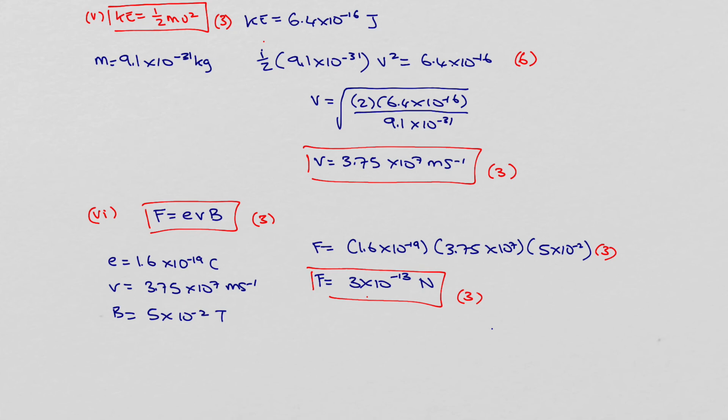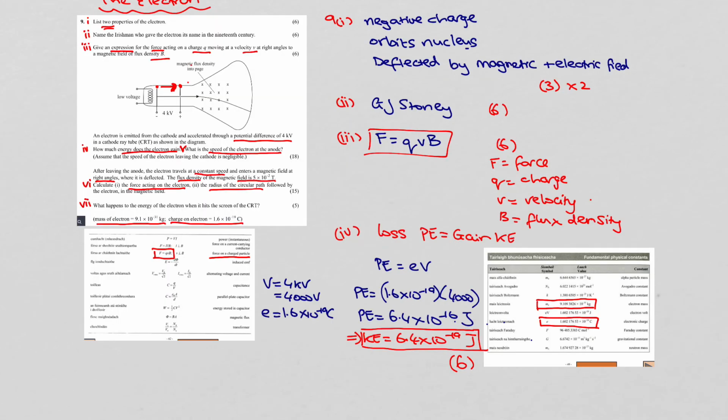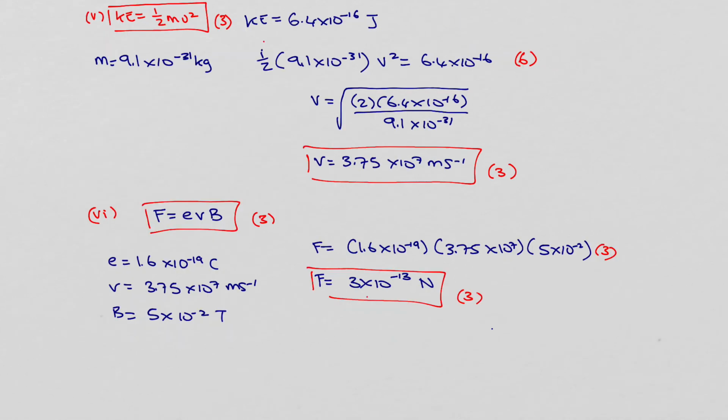So the next part of the question then says, find the radius of the circular path followed by the electron in the magnetic field. So what we need to say here is that the force on the electron due to the magnetic field is equal to the centripetal force on the electron.